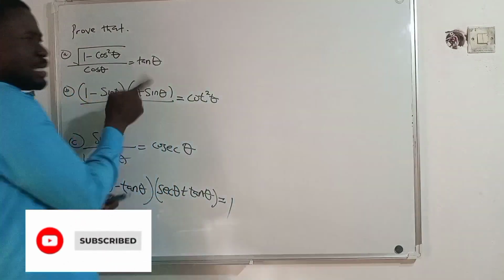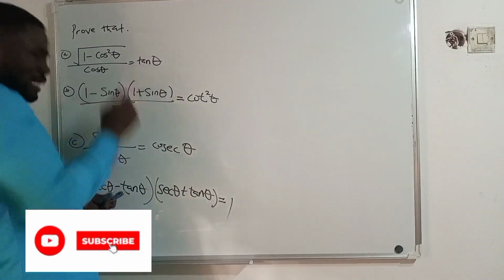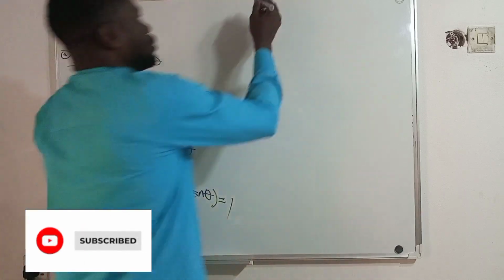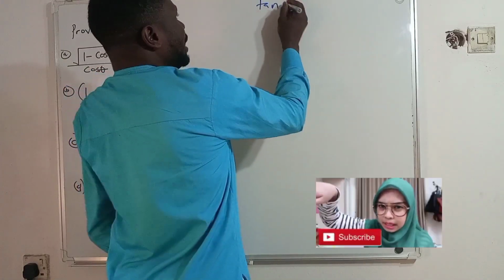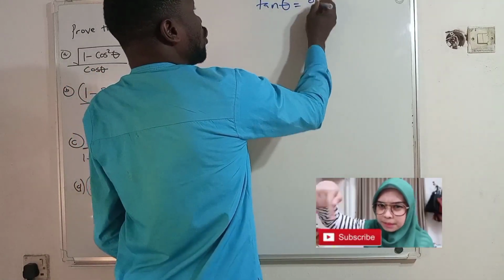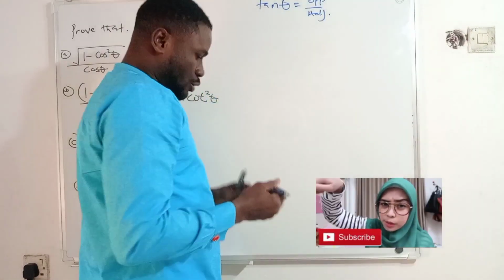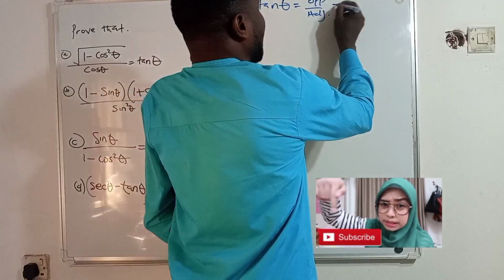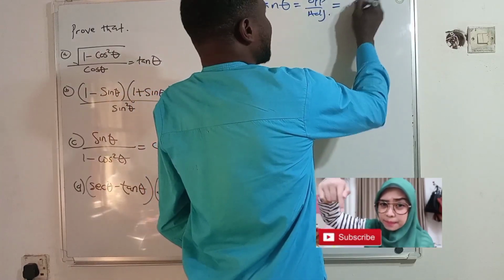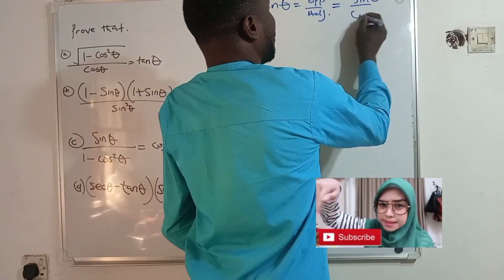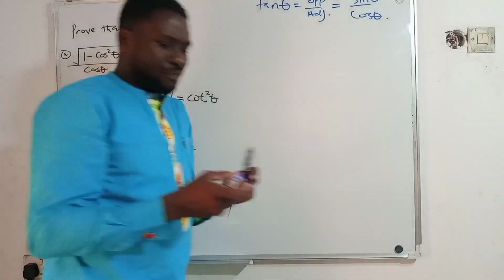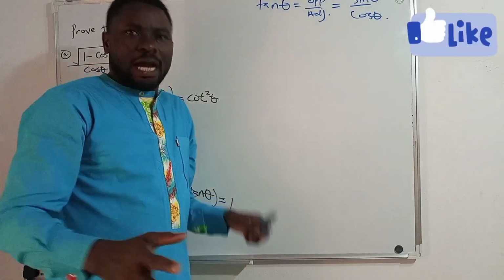Now, can we recall what tan theta is? Earlier, I told you that the tan of any angle is equal to opposite all over adjacent. You should also recall that tan is also expressed as sine theta all over cos theta. These are the two definitions for the tangent of any angle.